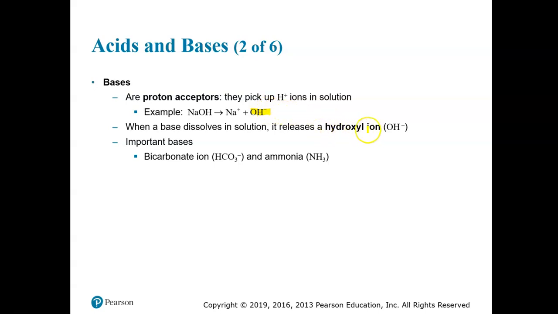Or here they call it hydroxyl ion. Hydroxyl or hydroxide, either one is fine. A hydroxyl ion or hydroxide is given off in solution by a base. But we can also say that bases remove hydrogen ions from solution. Instead of proton donors, we call them proton acceptors.